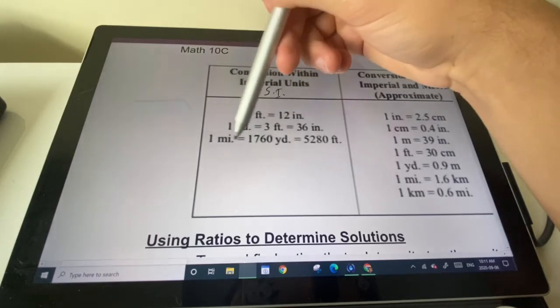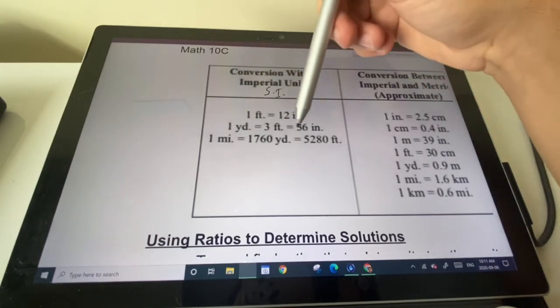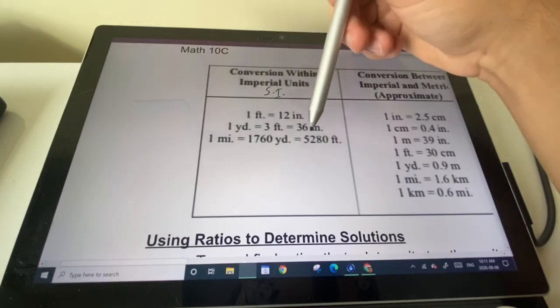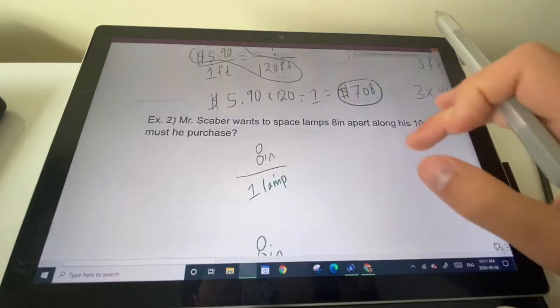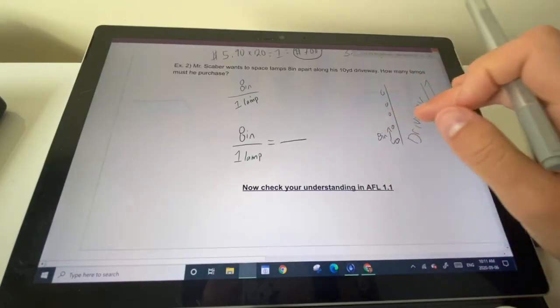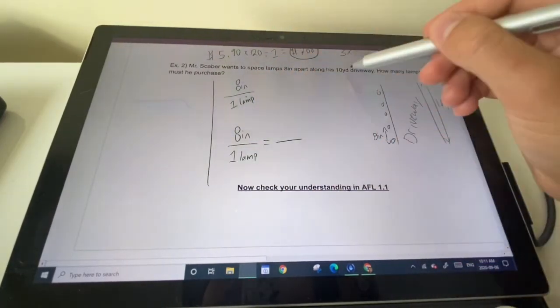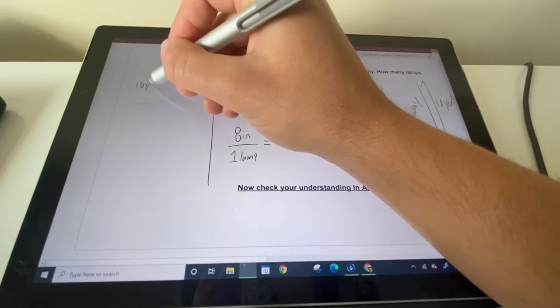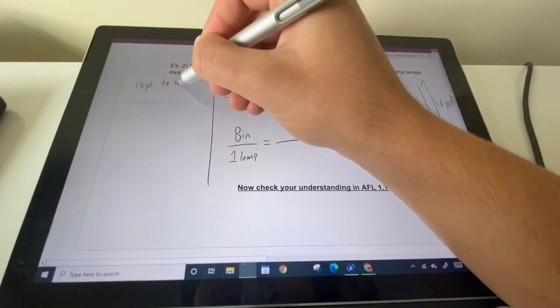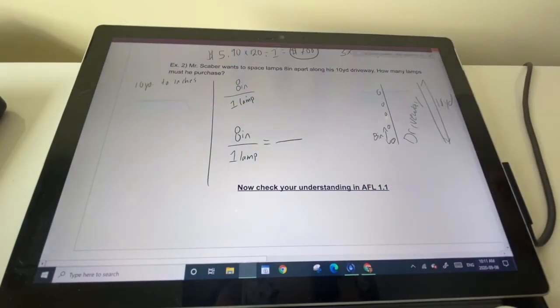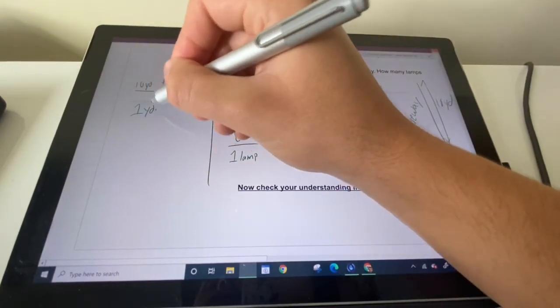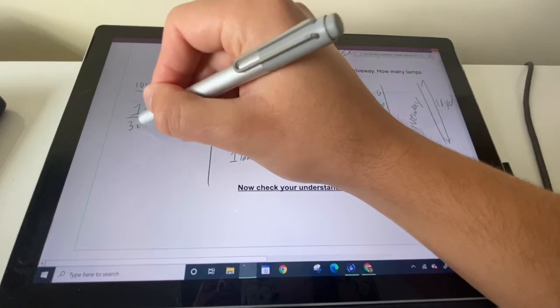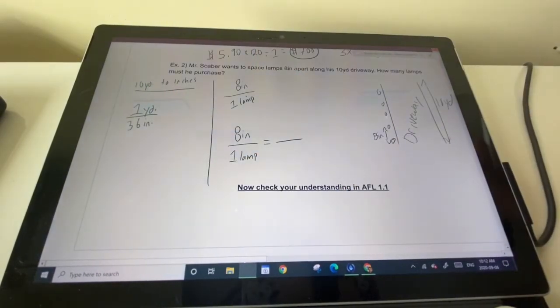This also means that 1 yard equals 36 inches. So we can set that up as a ratio there. I'm going to convert 10 yards to inches. Okay, we know that 1 yard equals 36 inches.